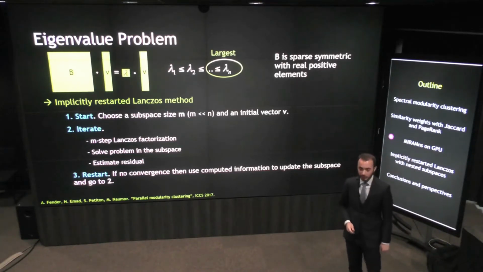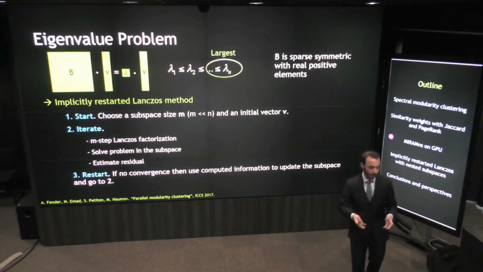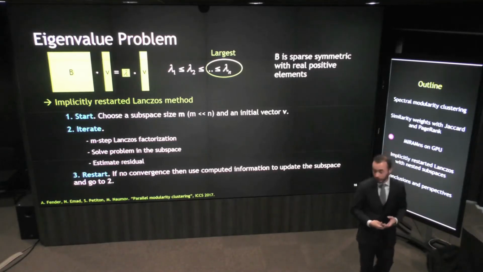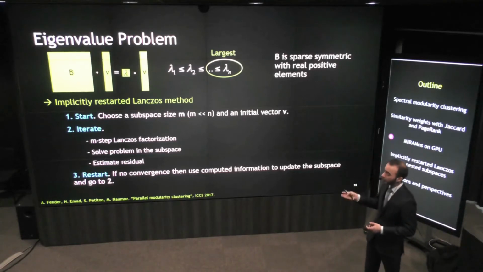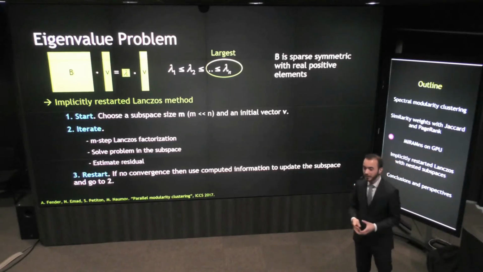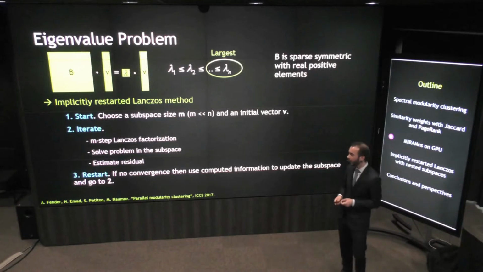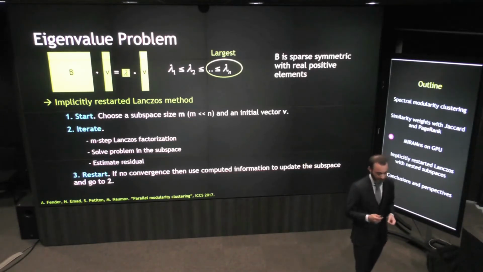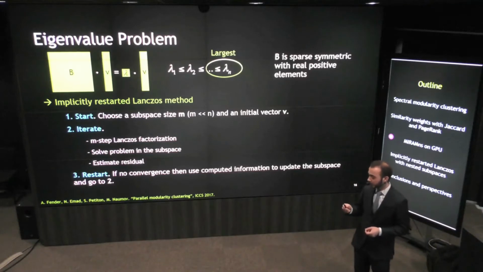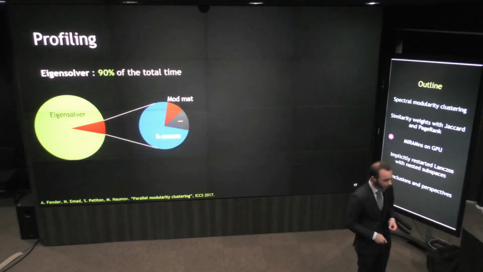Then we solve the problem in the subspace, which means we compute the eigenvalues of the small matrix. We estimate the residual, and if we are close enough to the quality of result we want, we stop here. Otherwise, we restart, concentrating the information of interest into a smaller matrix, redo the factorization and solve the problem in the subspace, and so on until we have the approximation we want.